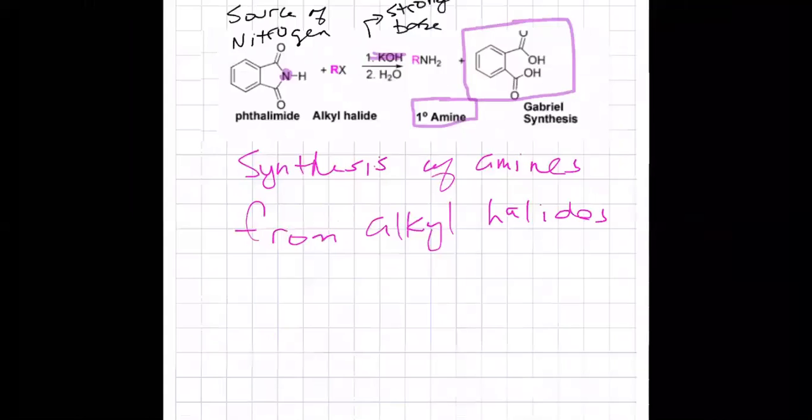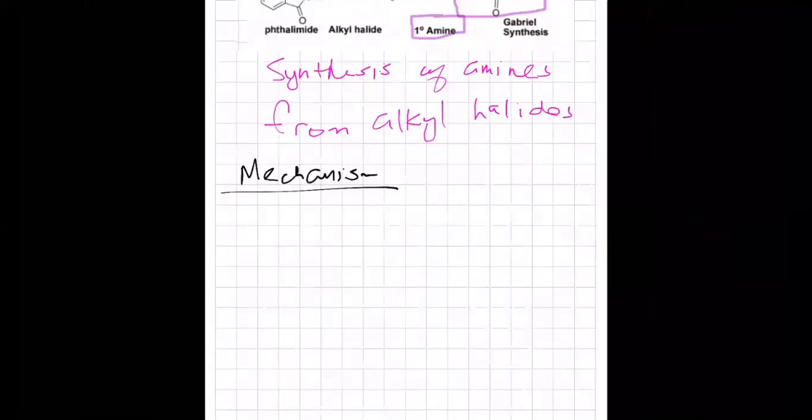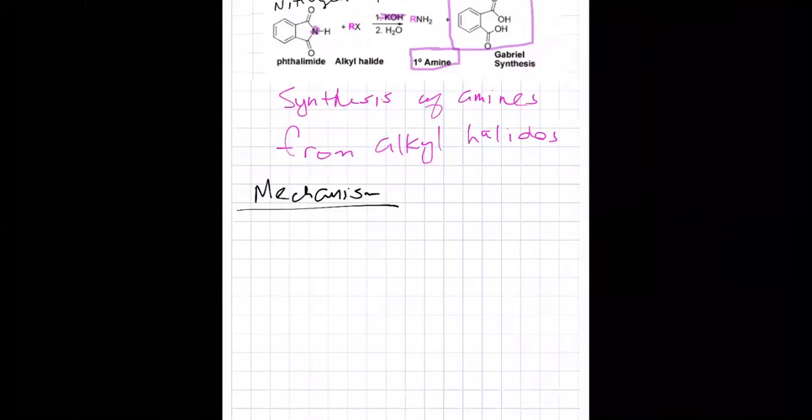All right, so let's look at how this works. The first step is deprotonation of the phthalimide. That's why you need the KOH.